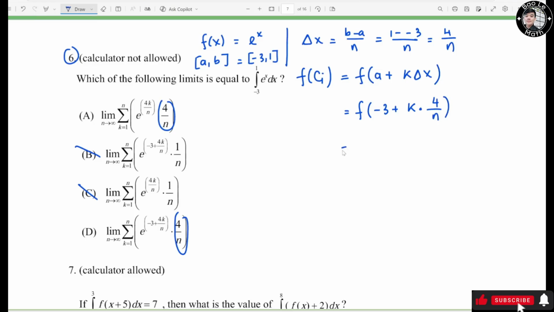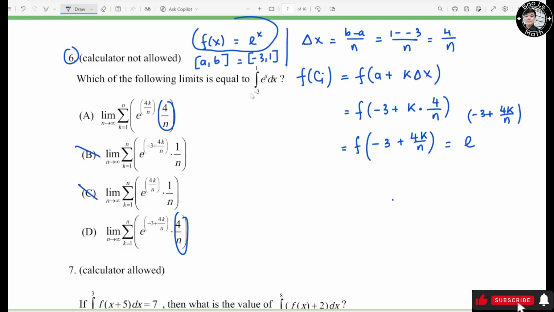Simplifying, it's f of negative 3 plus 4k over n. The function f of s is e to the s, so it's e to the negative 3 plus 4k over n.